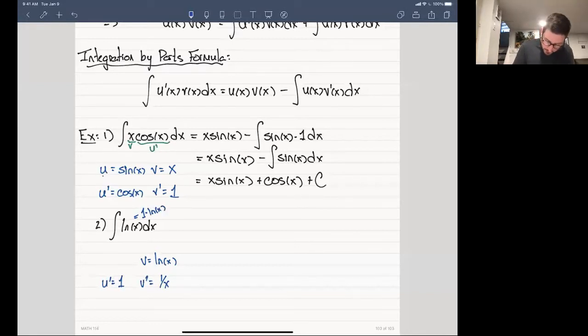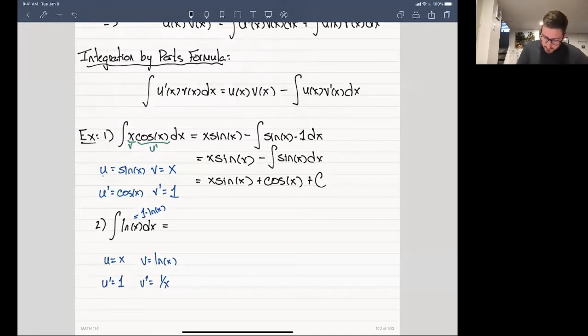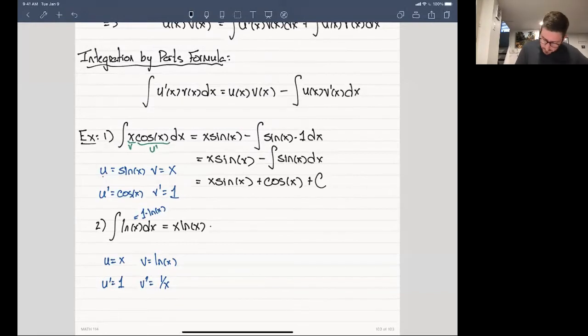And so that tells you that u would be equal to x, the antiderivative of 1. And so now what I get is x ln x minus, let's see how much nicer this became. Now I do u times v prime, so x times 1 over x dx.